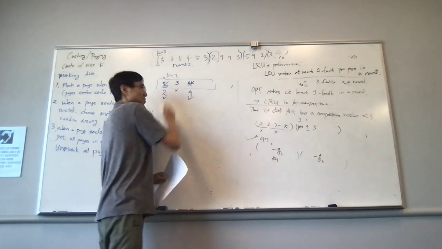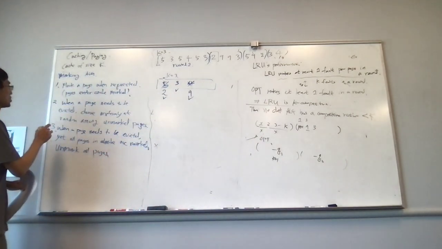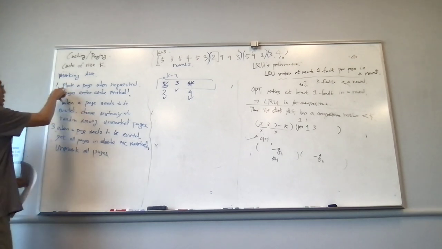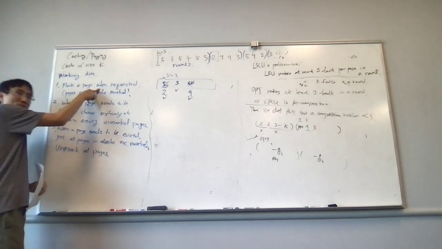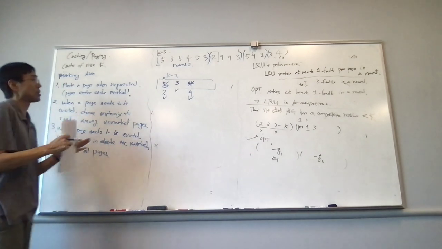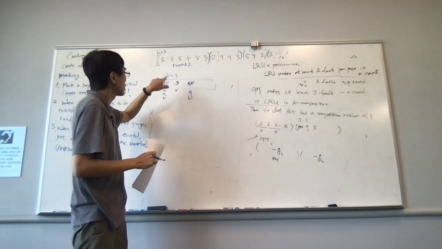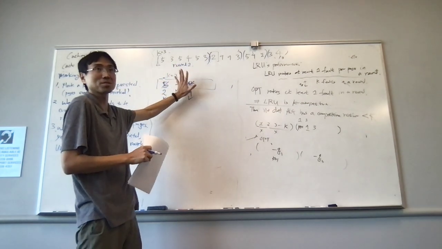I should have said this: I just mark a page when it's requested, not only when there's a page fault. When a page fault is not happening, it doesn't matter. When it's requested, I just mark it. If it's already marked, it stays marked.